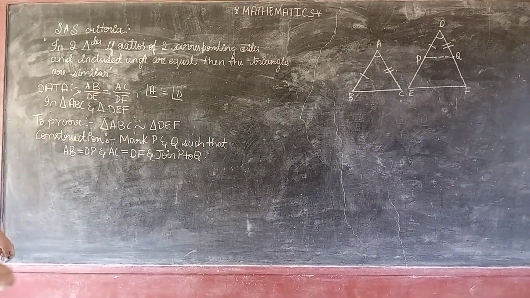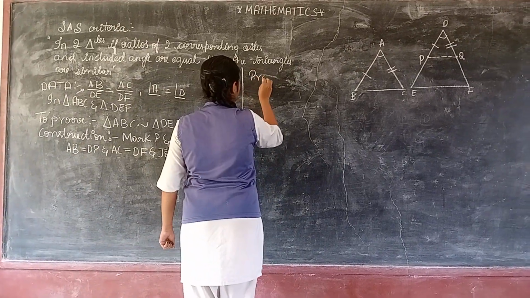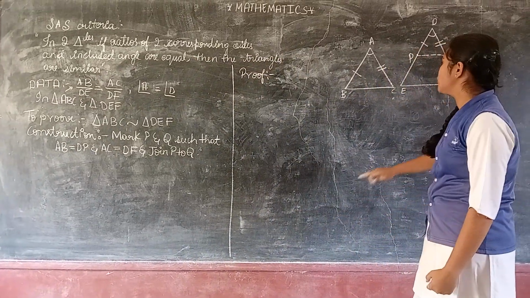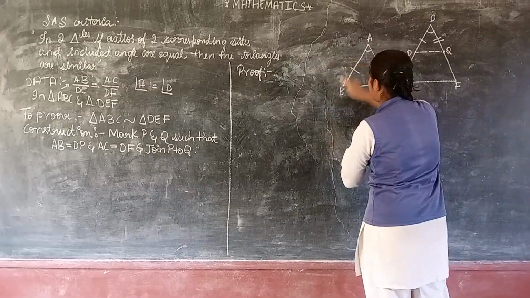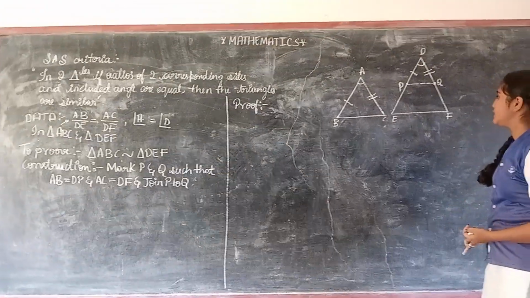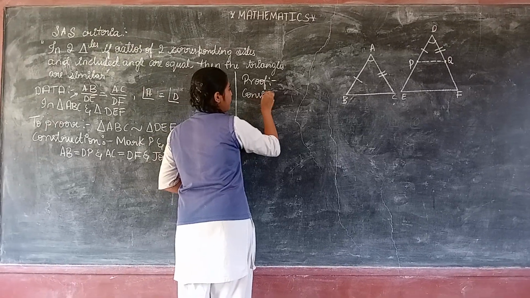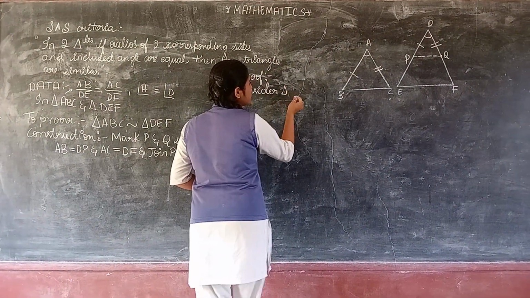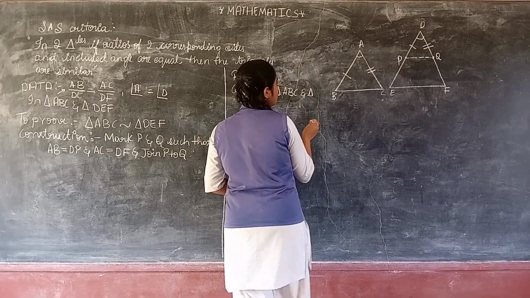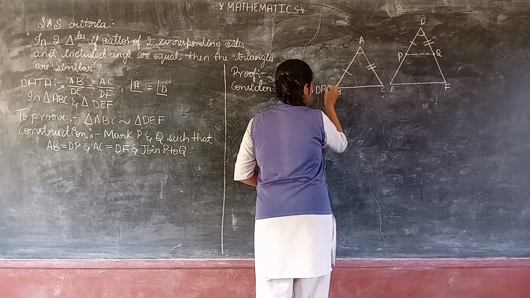Next step is the proof. Now, the first step in SAS criteria: first, what we have to prove? We have to prove that triangle ABC and triangle DPQ are congruent. First we will prove that. Consider triangle ABC and triangle DPQ.